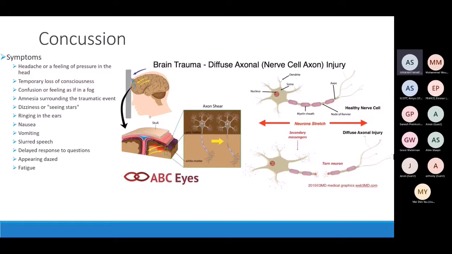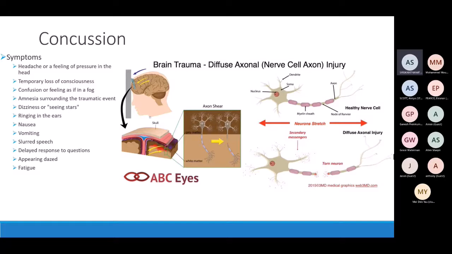You might have a slight amnesia as well, just forgetting what happened during the events. Any sort of dizziness or seeing floaters, like stars or things like that. Any ringing in the ears, nausea, vomiting are usually quite common. Any kind of slurred speech, any signs of stroke as well sometimes. And just delayed response in general and feeling a bit dazed.